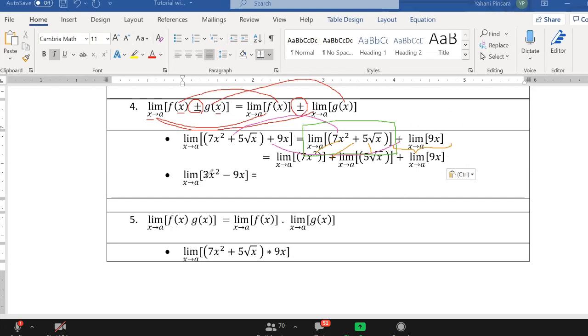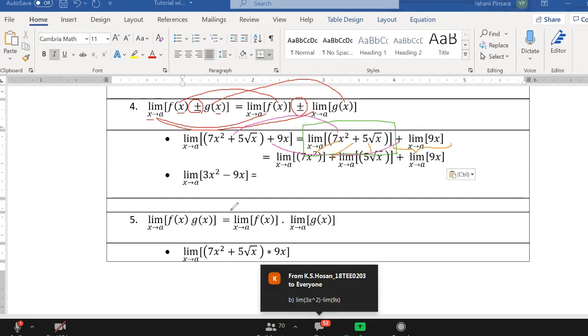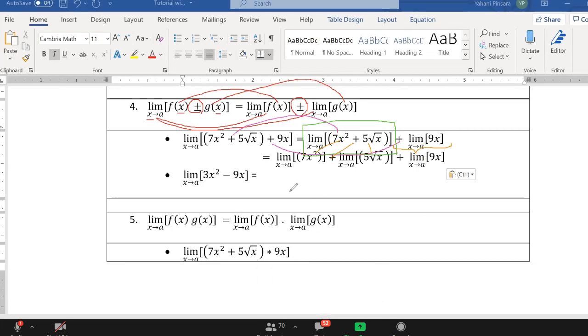So likewise, can you find the answer for the second question? Yeah, Hassan has found the answer. So I'll write the answer. Here we have subtraction, and here we have two functions of x, right?